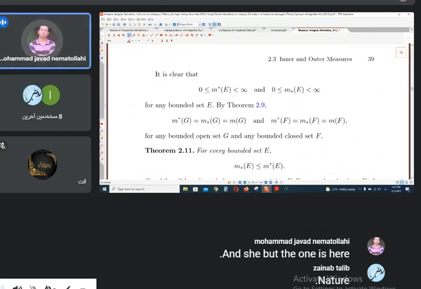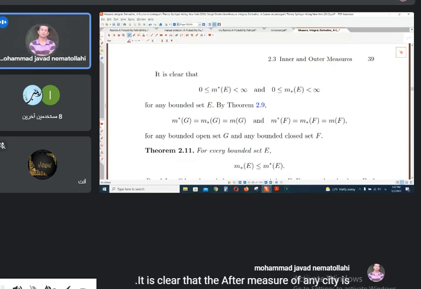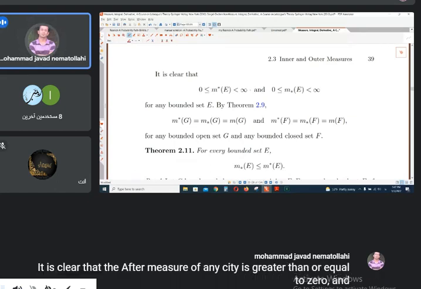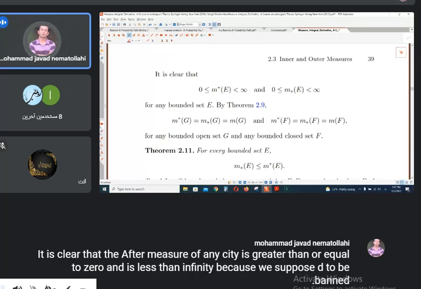It is clear that the outer measure of any set E is greater than or equal to 0 and less than infinity, because we suppose E to be bounded, and we have this for the inner measure too.